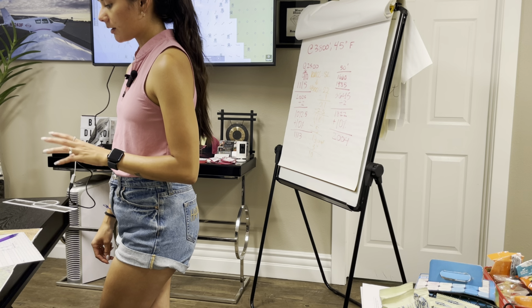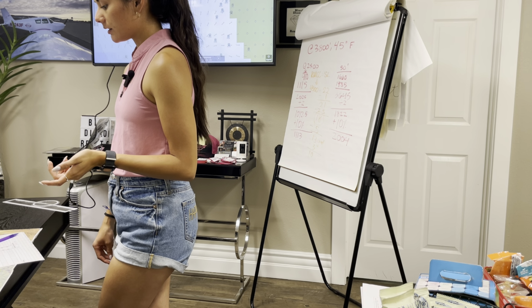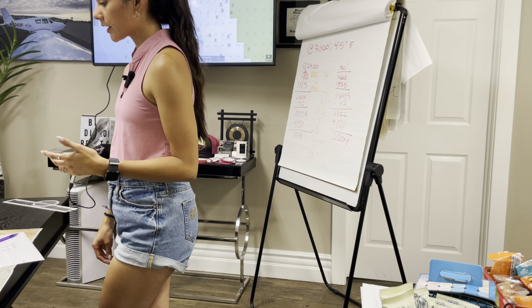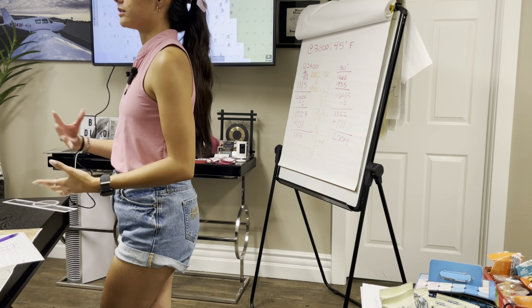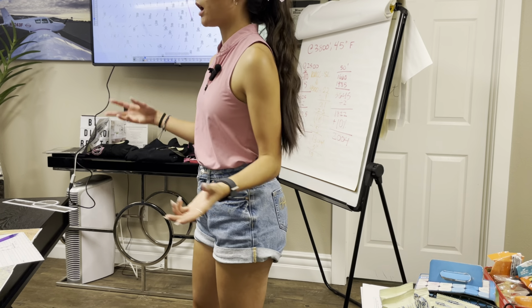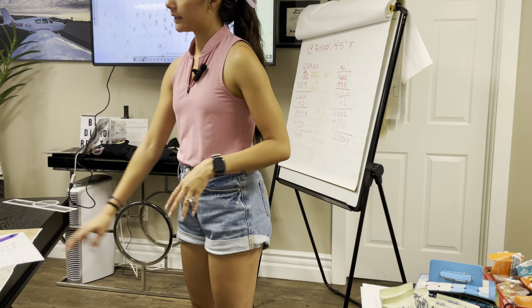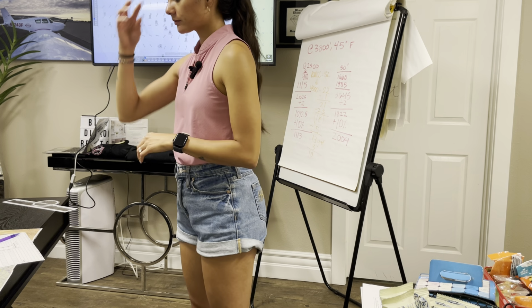Because it's a lot of converting, and it's just a lot of work, and it's really easy to forget steps and to miss steps, to accidentally cross knots and miles per hour, and then that screws with your numbers. But it is good for you to know this.